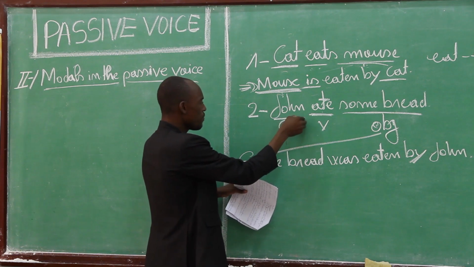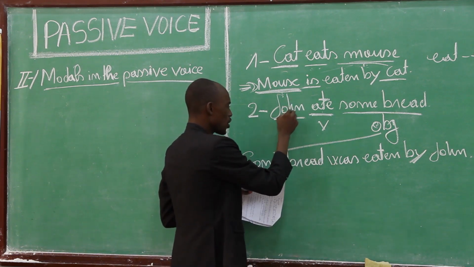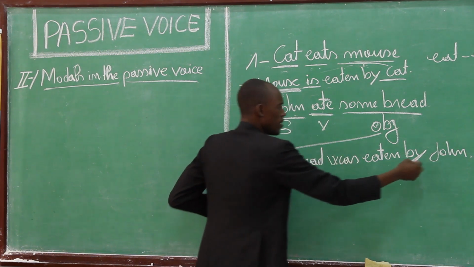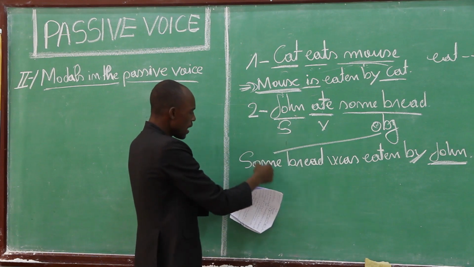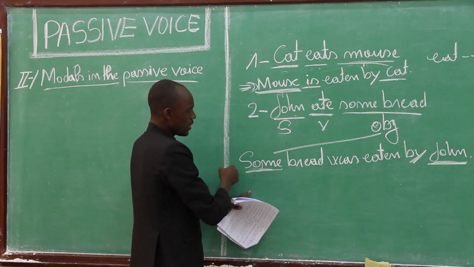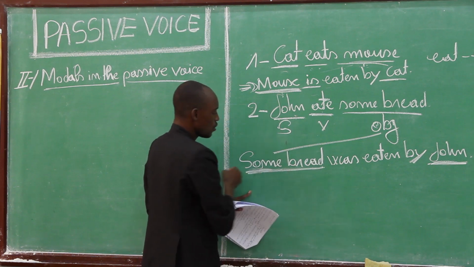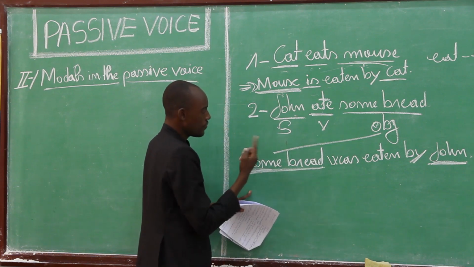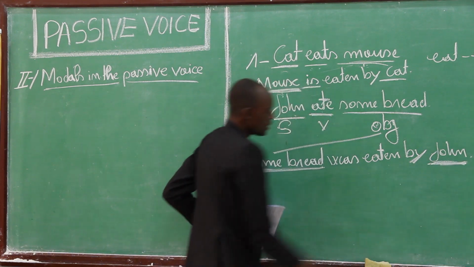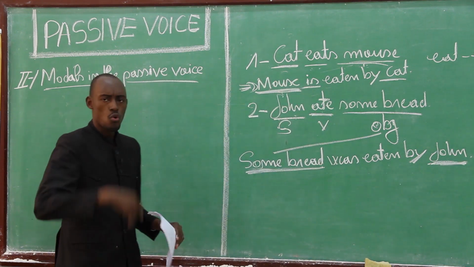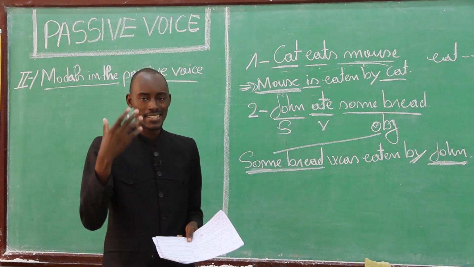John here is the subject, but in passive voice, the subject John becomes the agent, le complément d'agent. And as I told you, in passive voice, the subject receives the actions, and the action is done by the agent. Okay, now this is what we saw, what we learned last time.